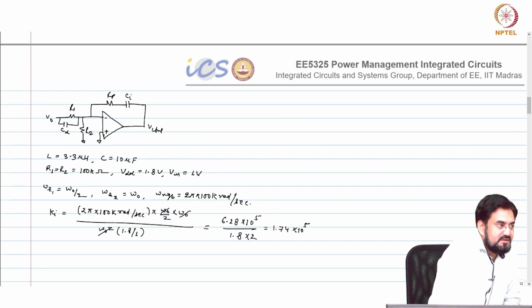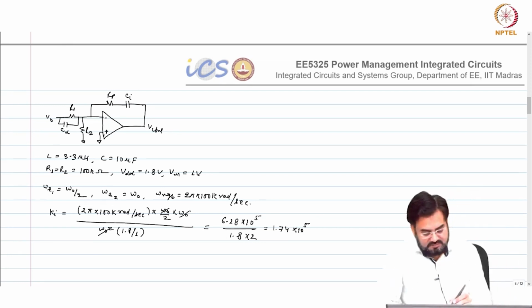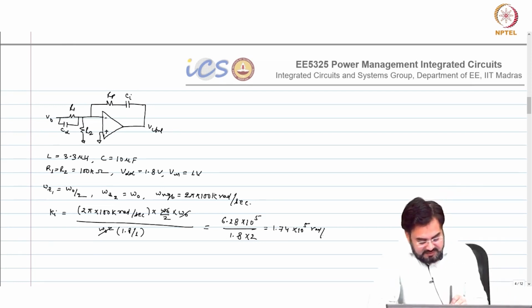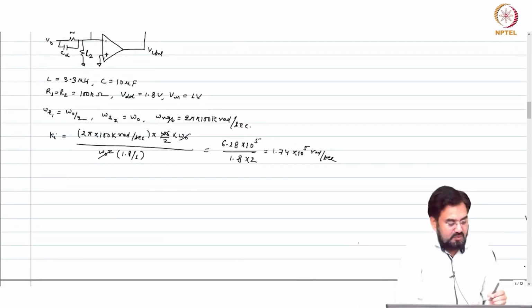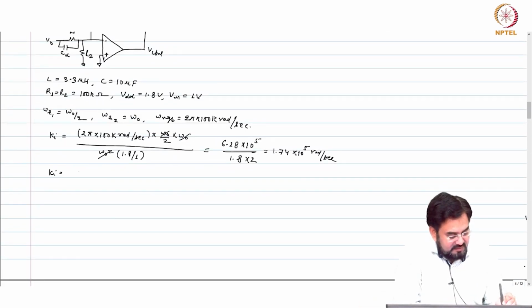And what will be the unit for this? Radian per second. Okay. And what is Ki? Not RP.